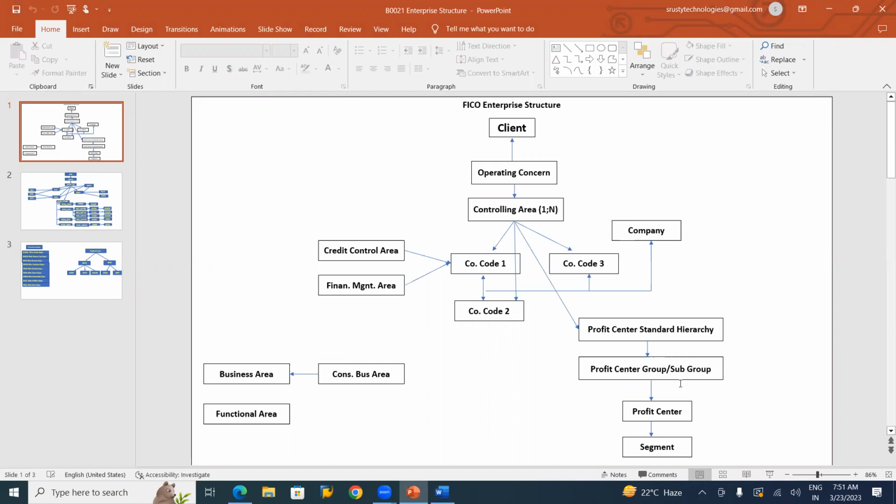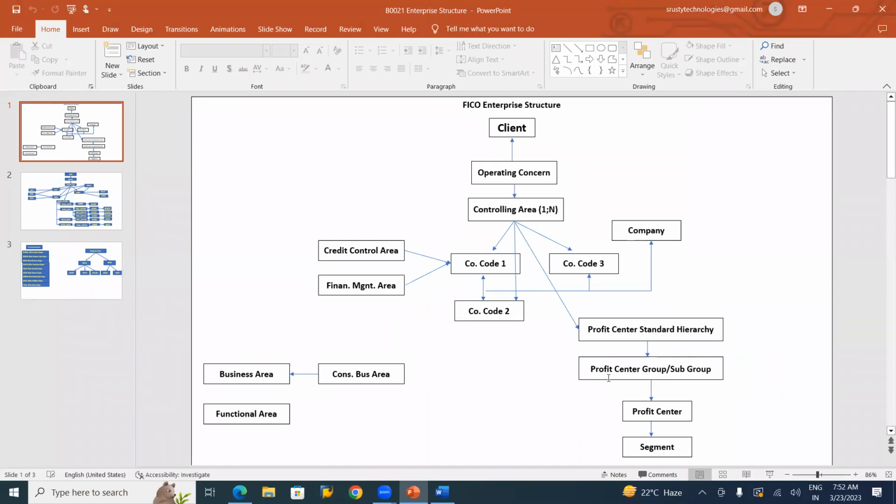Yes, we will maintain everything. First all the configurations we will do: we will create companies, company codes, business areas, consolidation business areas, financial management areas, credit control areas, and whatever creations and assignments. At the end, we are going to see this profit center standard hierarchy in FI configuration. Okay, got it. Thank you.